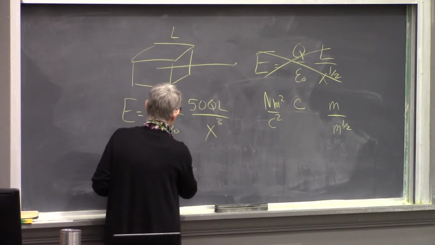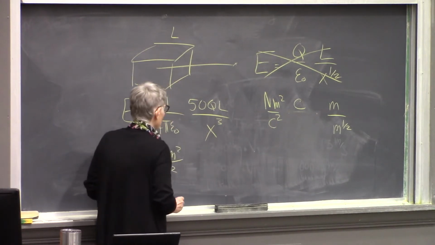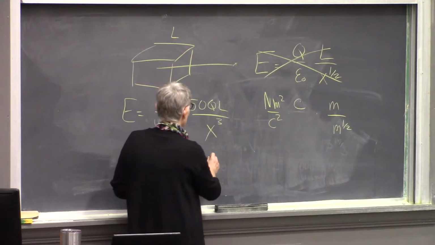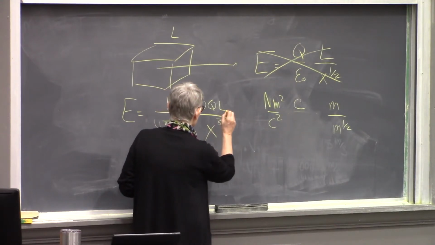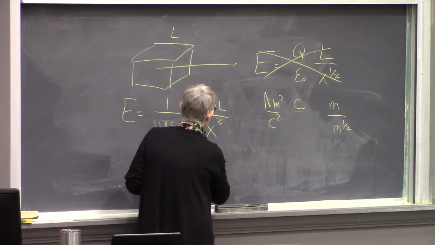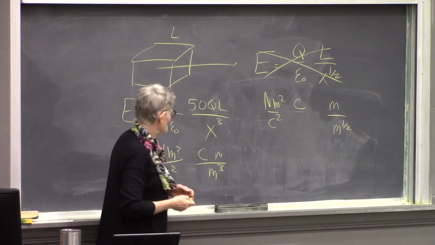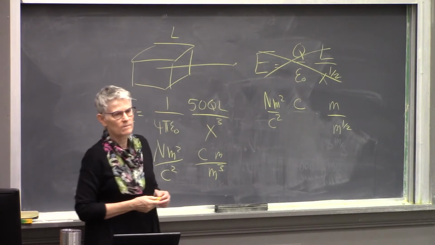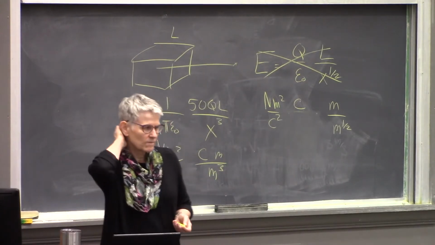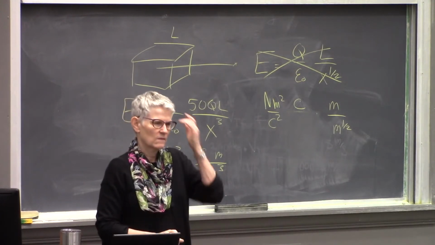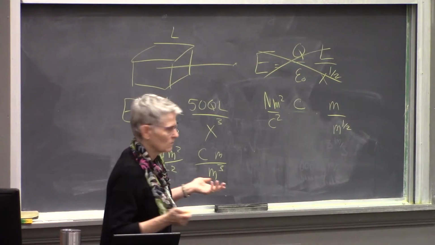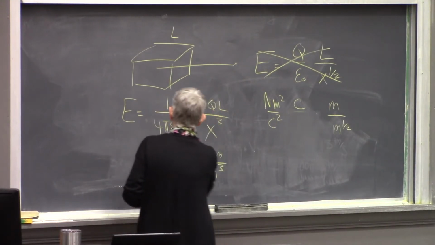Newton meters squared per Coulomb squared, coulombs, meters, meters cubed. So it does come out to newtons per Coulomb, right? So the units are okay.